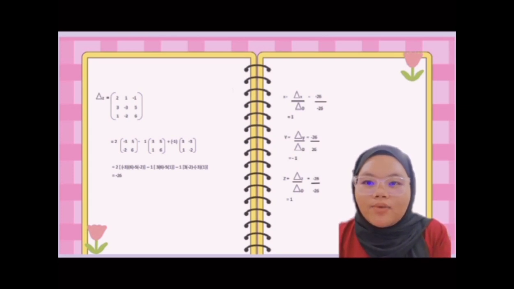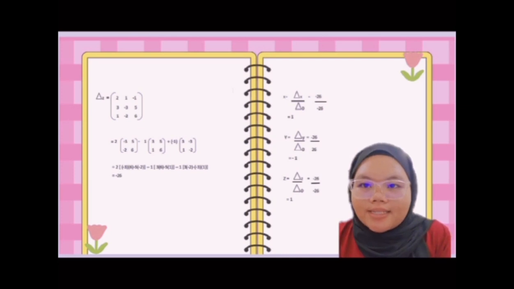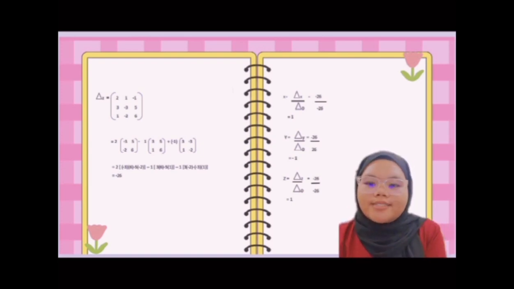Then y is delta y over delta 0, equal to 26 over negative 26, and the answer is negative 1. The last one is z. To find the value of z, delta z over delta 0 equals negative 26 over negative 26, which is equal to 1. Okay, that's all from me.